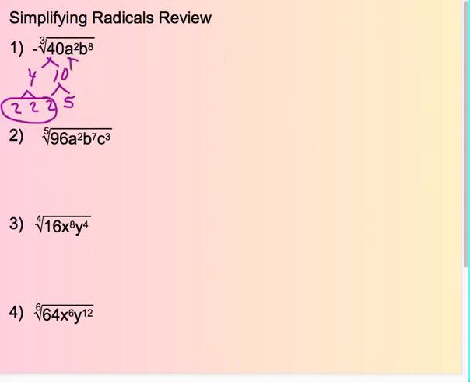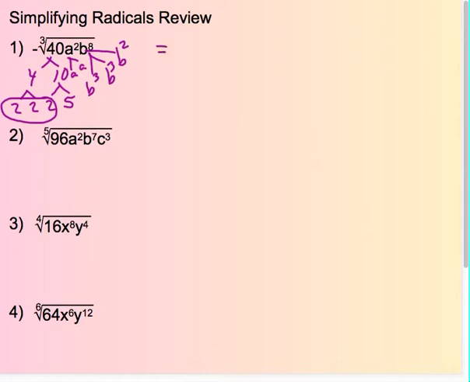A squared is just a times a. There's not a group of 3 a's, so that will stay entirely under the radical. And b to the 8th we could rewrite as b cubed times b cubed times b squared. So the b squared will be left over, and we'll cube root those b cubes, those perfect cube factors.